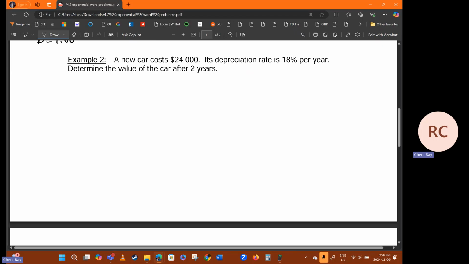So in this example, we're still using a generic exponential setup. I think everyone understands that the initial amount is 24,000. Notice the decay rate is 18%. And of course, 18% as a decimal is 0.18.